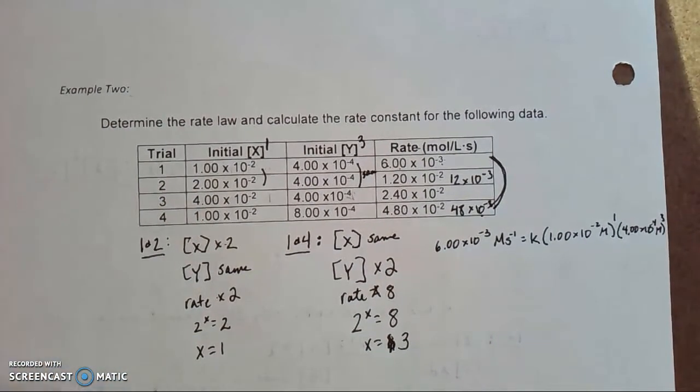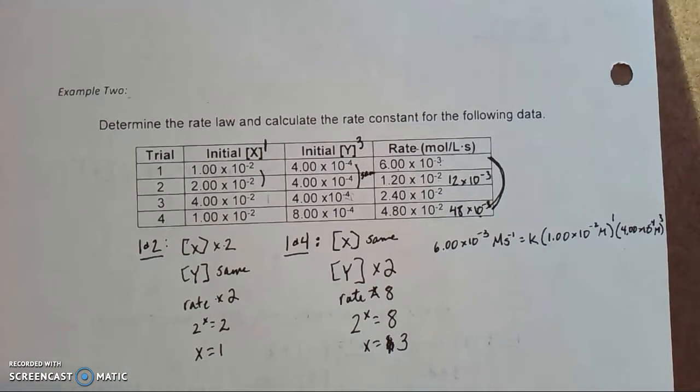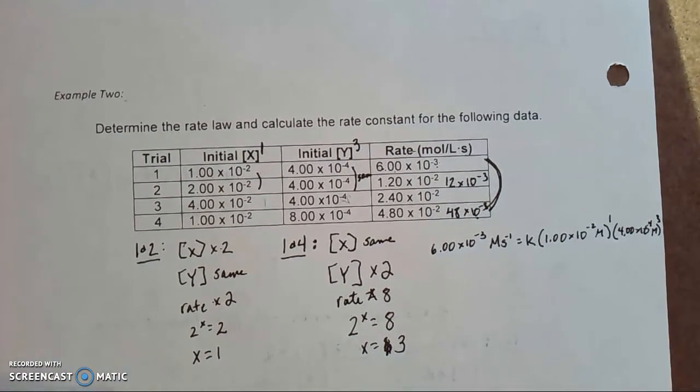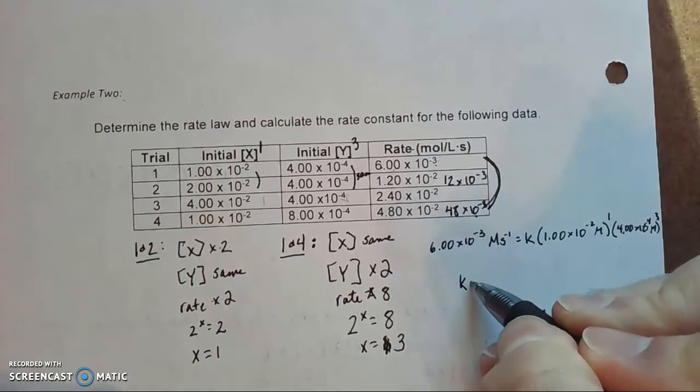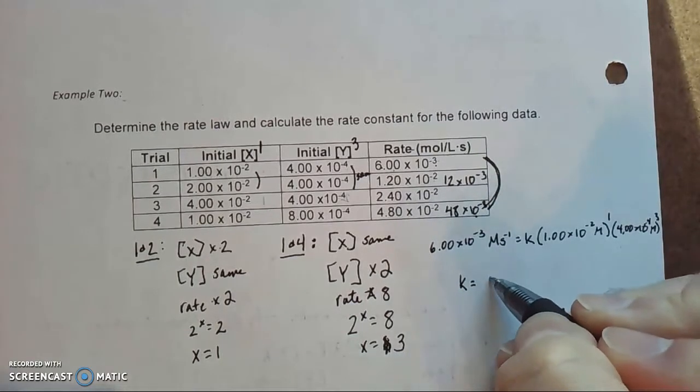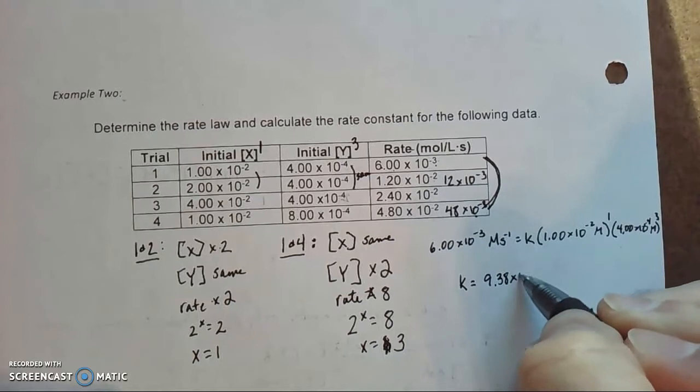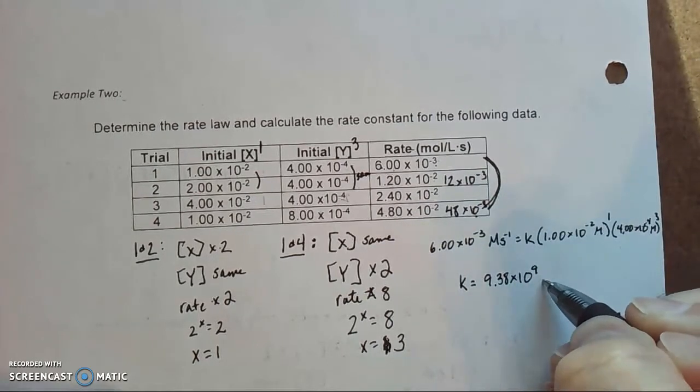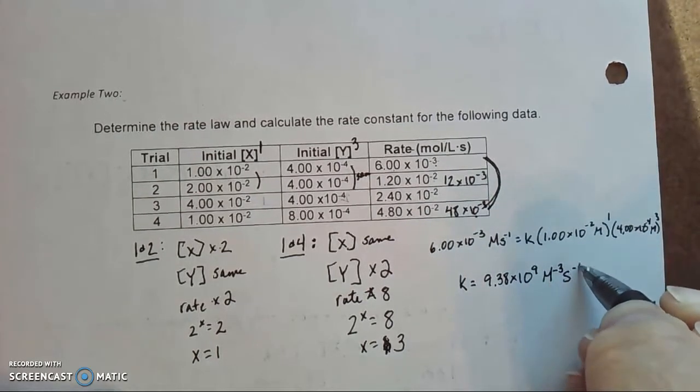So I just need to solve this using my algebra skills, and you should get K is equal to 9.38 times 10 to the ninth M to the minus 3 s to the minus 1.